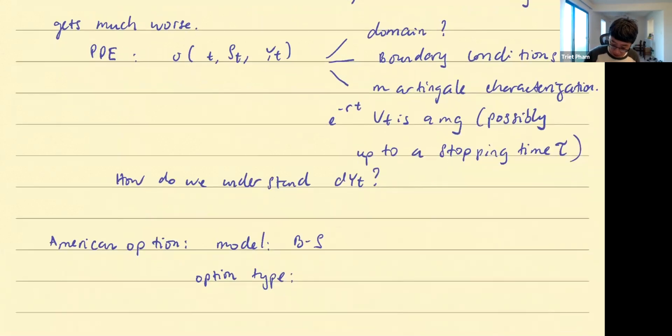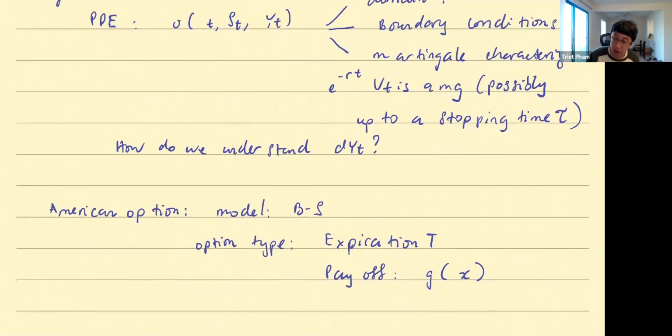So it has two components. Of course it has the expiration time. It has a payoff function, and let's call it G, G of X. But then there's another one called the class of stopping times.